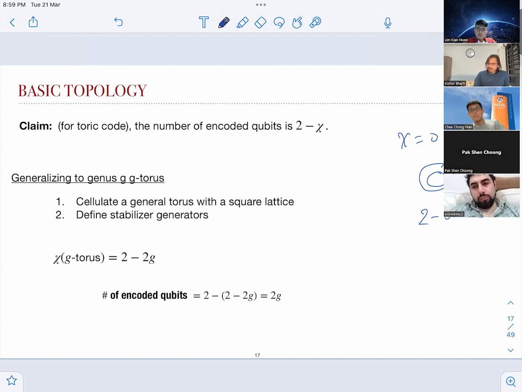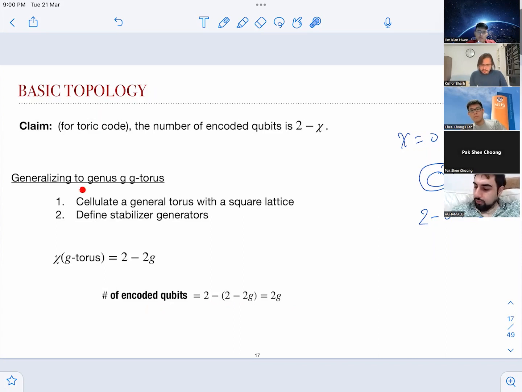Since we know that chi for a torus with g handles is 2 minus 2g, the number of encoded qubits will be 2 minus (2 minus 2g), which is equal to 2g, a very systematic way to increase the number of encoded logical qubits.